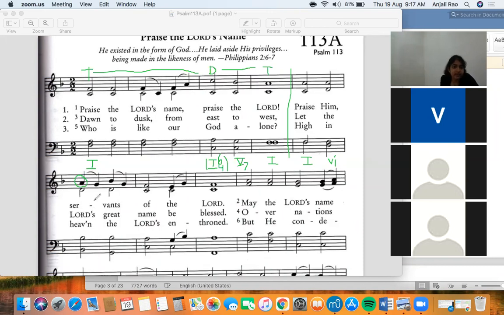Somebody tell me about the next two chords because they're very similar. Give you a minute to think about it. Be somebody who hasn't answered yet today.